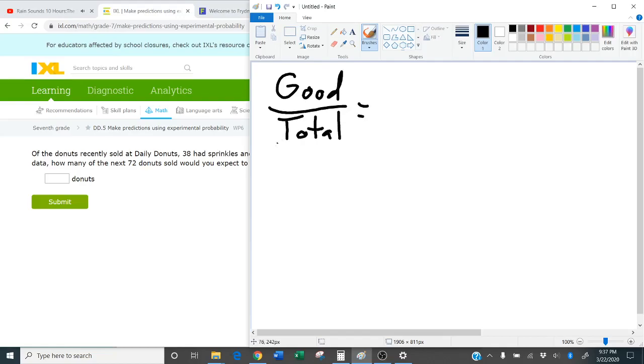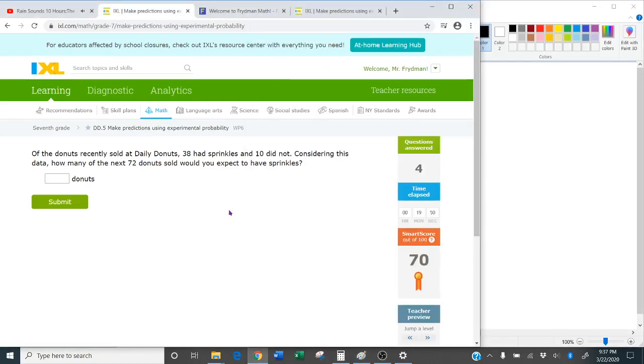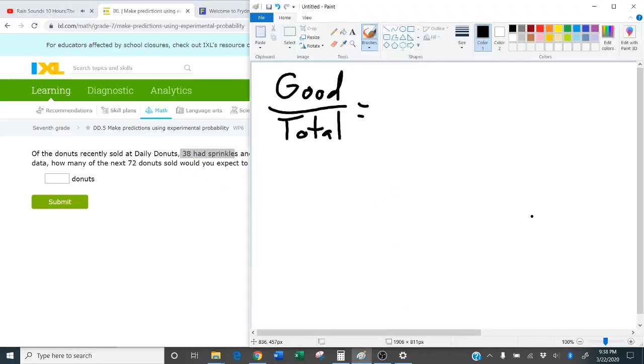The good kind of donuts are donuts that have sprinkles. That's not because I like donuts with sprinkles. It's because the question asks us to predict how many donuts would have sprinkles. So that means we need to look at this number here, which is the number of donuts that had sprinkles, and that's going to be what we put here in the numerator.